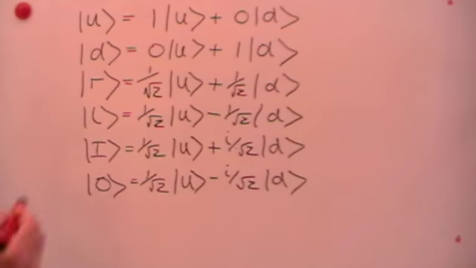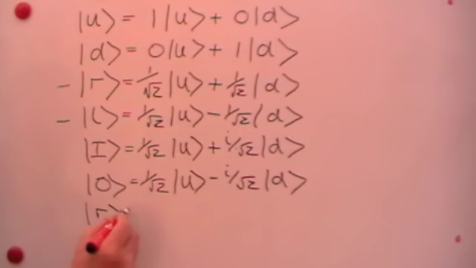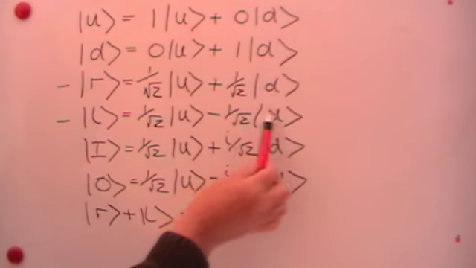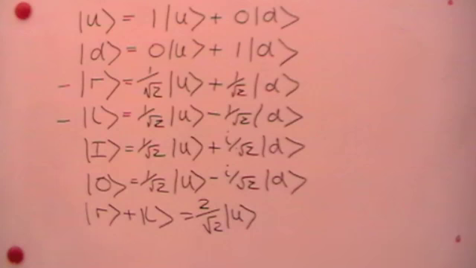For example, let's take these two equations here which relate to right and left, and let's add the two together. So if we add right and left, you get right plus left is equal to, well, here you've got 1 over root 2 up plus 1 over root 2 up, which is 2 over root 2 up. And here you've got 1 over root 2 down minus 1 over root 2 down, so that cancels and goes altogether.